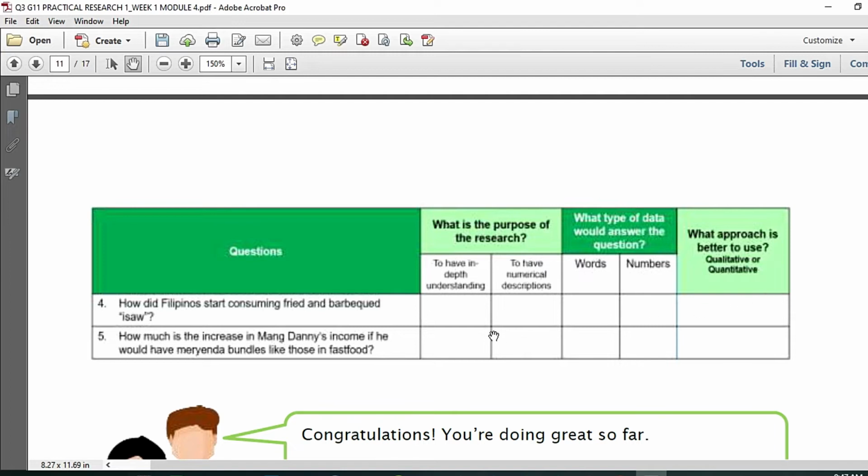Okay, then number 5. How much would the increase in Mang Dani's income be if he would have merienda bundles like those in the fast food? Okay, your answer is, you will check here numerical description. So you will need numbers as the type of data, and the approach is quantitative. Okay, so I hope you got all the correct answers.